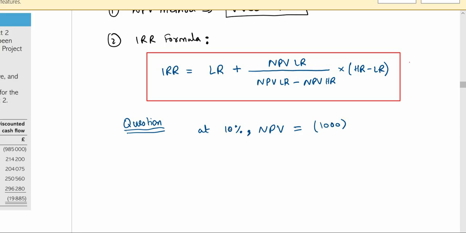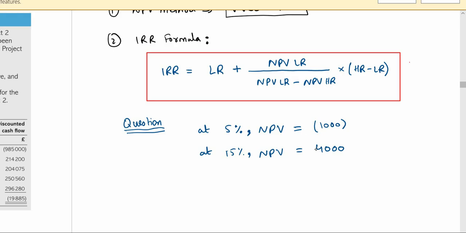Or you can say at 5%... and at 15%, net present value is, you can say, 4,000. While calculating the IRR, the examiner will give you the two rates and two present values.